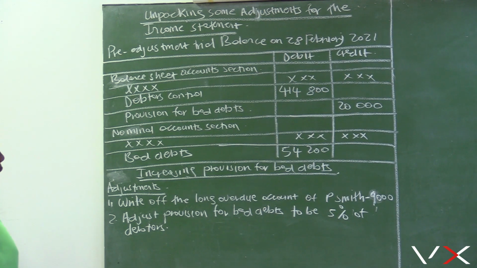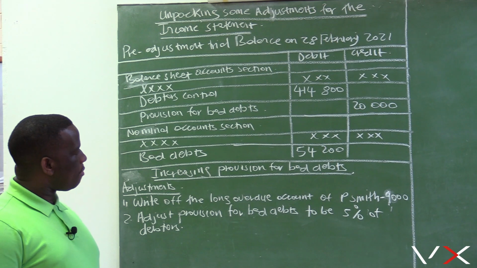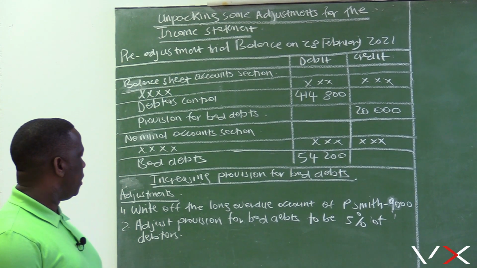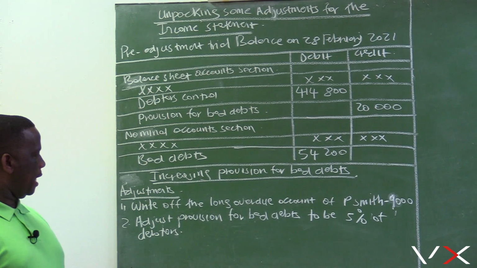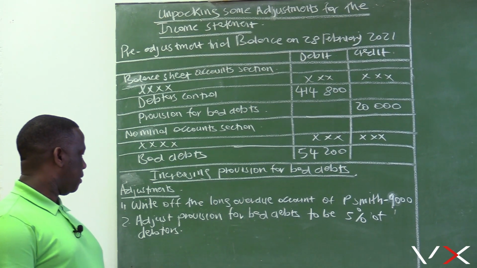And under the nominal account section, our bad debts for this year amount to 54,200, and we want to look at increasing provision for bad debts.